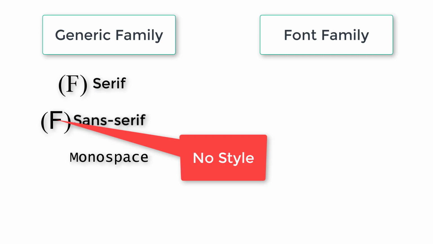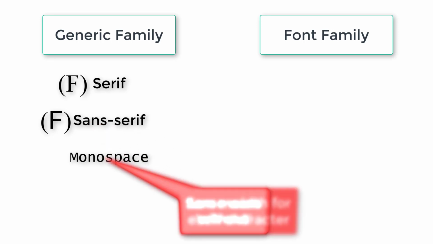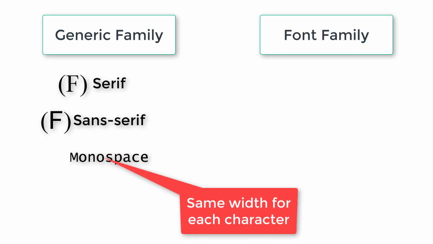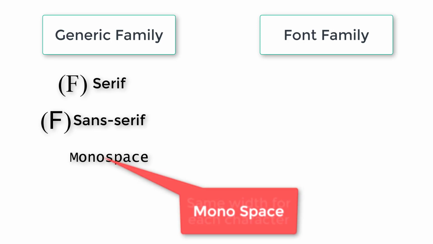The sans serif has no such style. Actually, sans means without. That means sans serif refers to without serif. And the monospace has the same width for every character. That is why it is called monospace.